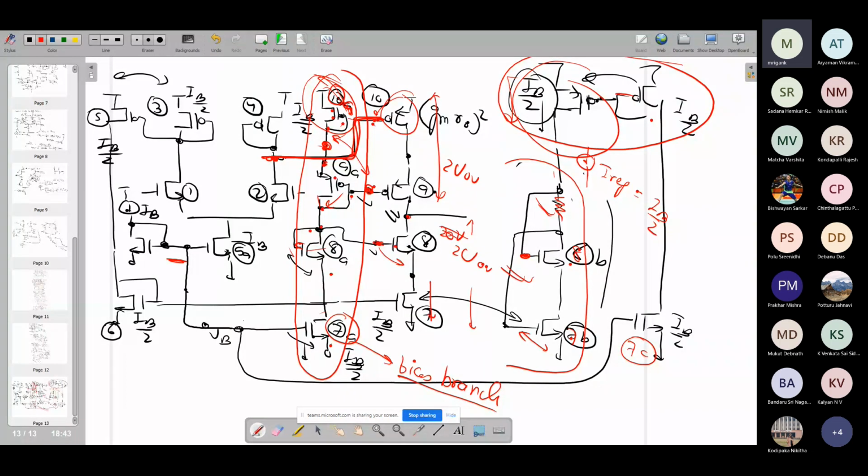M10A is providing the VSG drop, and on top of that VSG of M10A you have the VSG of M9A. They're just direct connected. So you have two VSG drops, one VSG for M10A, another VSG for M9A.